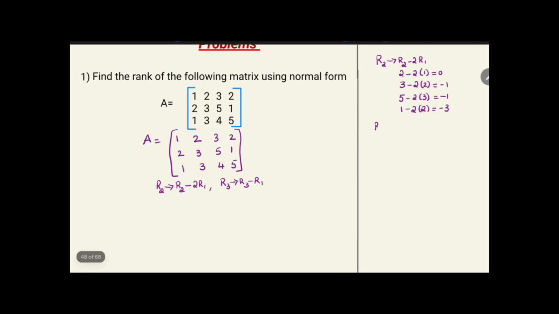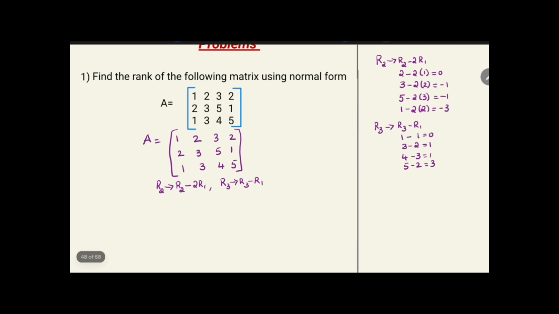Coming to R3, R3 implies R3 minus R1. What is the first element of R3? 1 minus the first element of R1, which is 1, so it is 0. Then 3 minus 2 is 1. 4 minus 3 is 1. And 5 minus 2 is equal to 3.